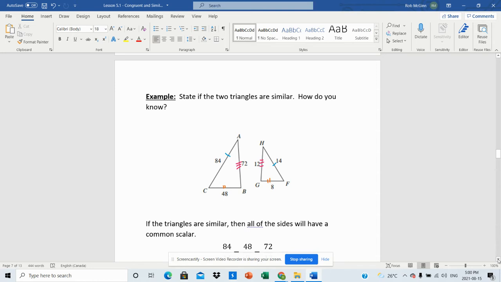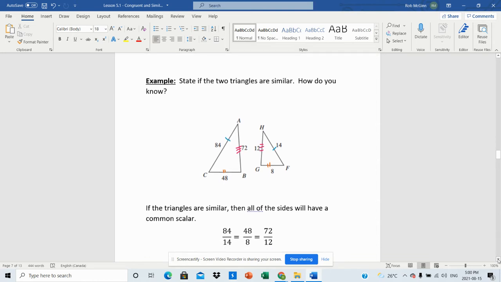Once I match up my sides, I'm just going to put them in a ratio with the side lengths of my larger triangle in the numerator and the side lengths of my smaller triangle in the denominator. So 84 and 14 are a matched pair, so we're going to do 84 over 14, and that should be equal to 48 over 8, which should also be equal to 72 over 12.